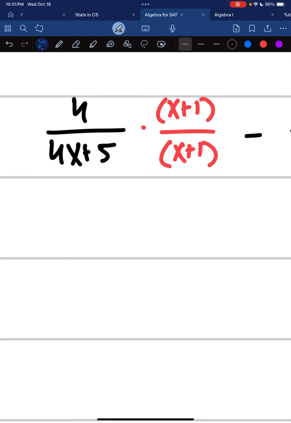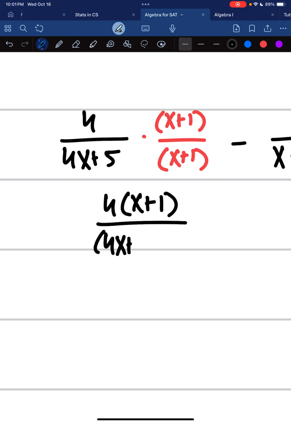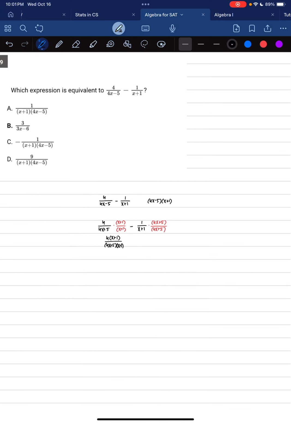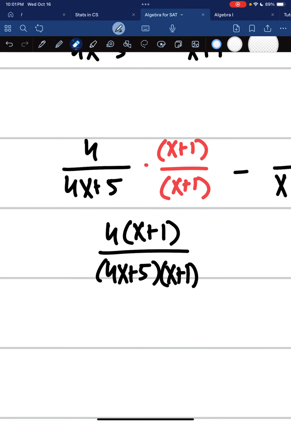Okay, so now this first fraction here is going to become 4 times x plus 1 over 4x minus 5 times x plus 1. Sorry, I don't know why I've been saying 4x plus 5.